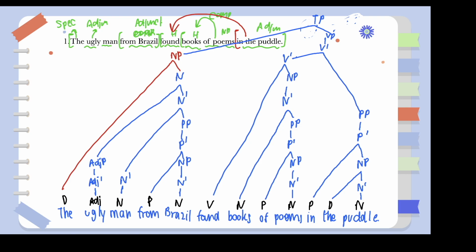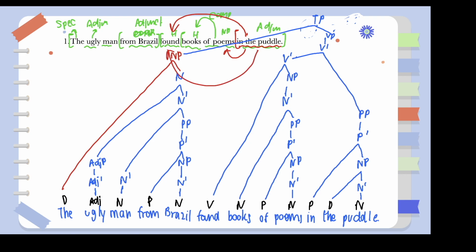You can find more beautiful sentences in our book. So one thing that we can notice from that is that before you analyze the tree diagram, please make sure that you understand the structure well. Like in this case, I made a mistake. I thought that in the puddle modifies poems here, but actually when we read the meaning carefully, in the puddle actually modifies found.